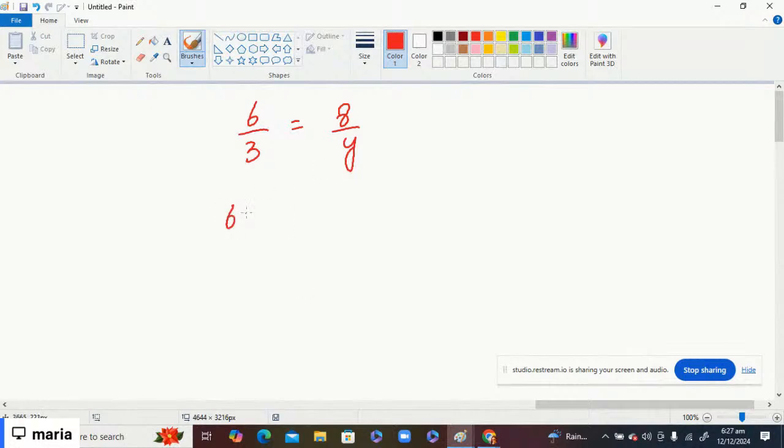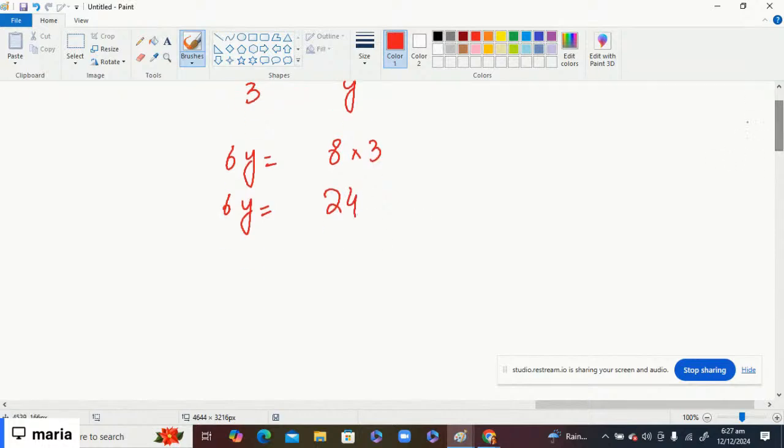Cross multiply: 6y, 8 times 3, 6y, 8 times 3 is 24. And now what is y? 24 divided by 6. 6 times 4 is 24. So your value of y is 4.